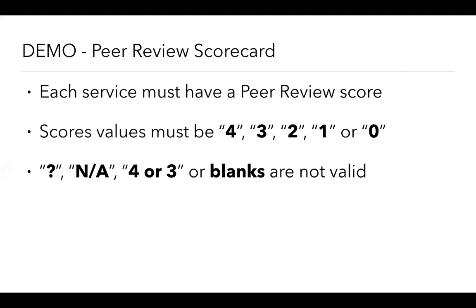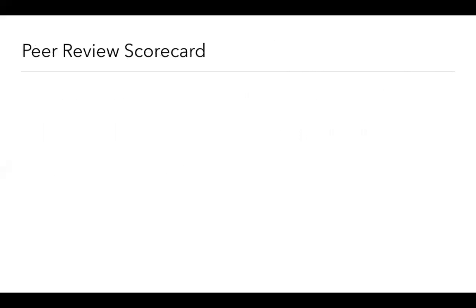In addition to that, should you add any columns or rows in order to help you organize the data, just please make sure that those are deleted before you submit your final score sheet. Any additional columns or rows will prevent the template from uploading properly.